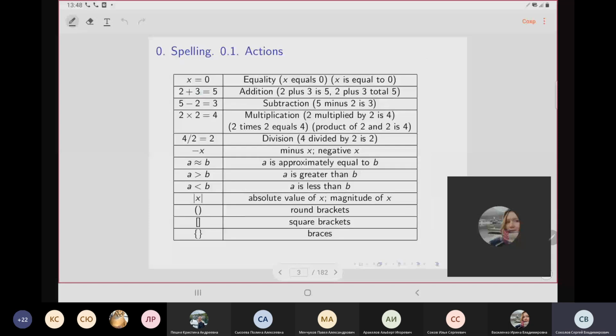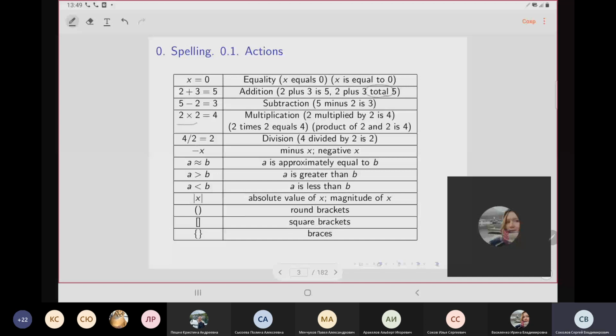We substitute the equality with is or total. Next one is subtraction, 5 minus 2 is 3. Then multiplication. We say 2 multiplied by 2 is 4, or 2 times 2 equals 4, or a product of 2 and 2 is 4.